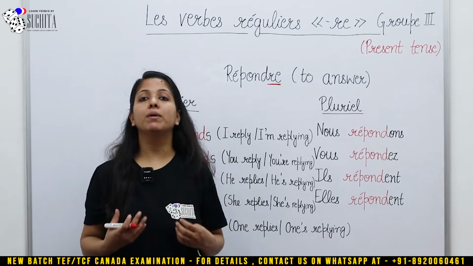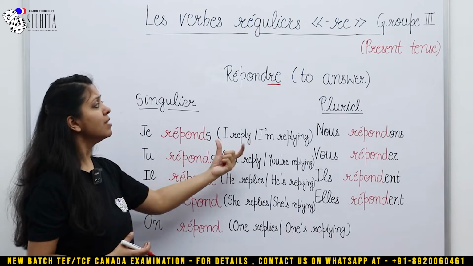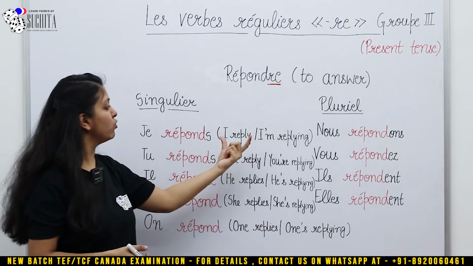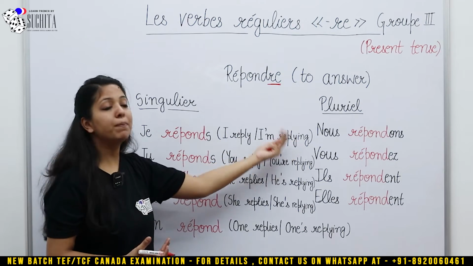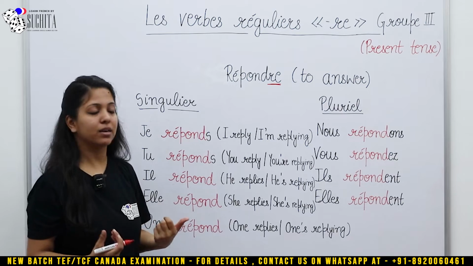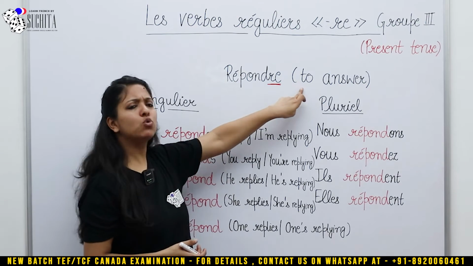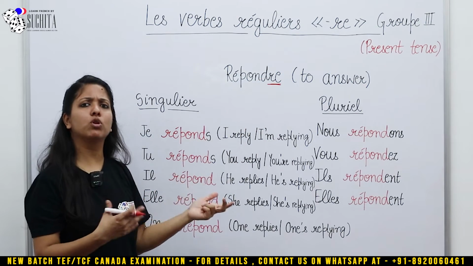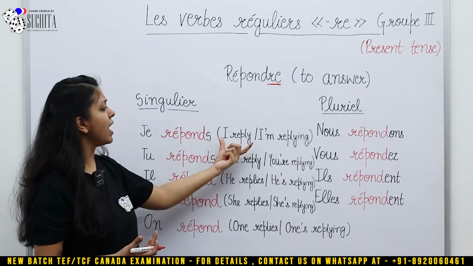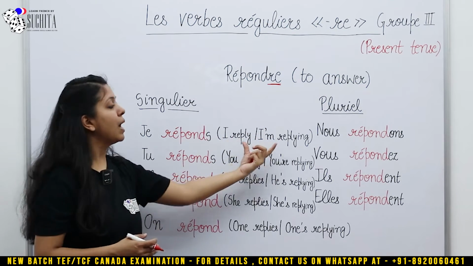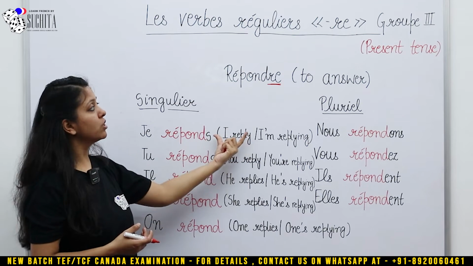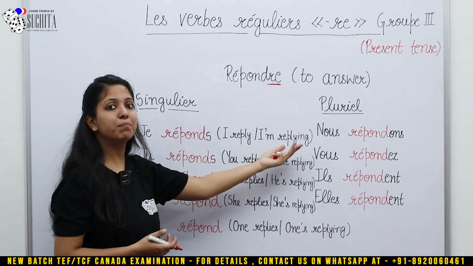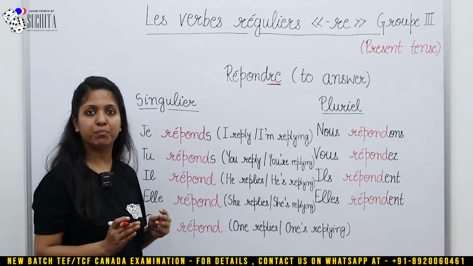Now let's look at what they mean in English. Since it is present tense, the meaning would be I reply or I answer or I am replying or I am answering. Here I have written to answer, so basically it means both to reply or to answer. In French, the present simple tense and the present continuous tense are both the same.